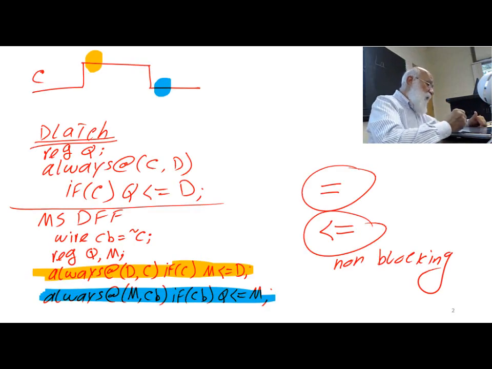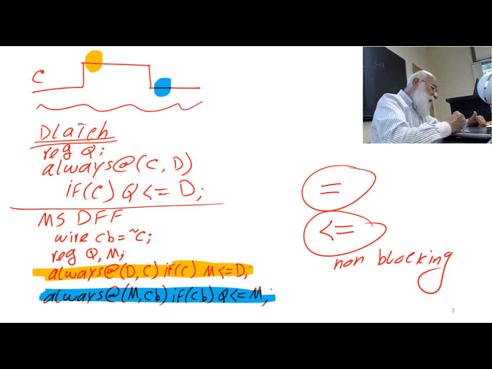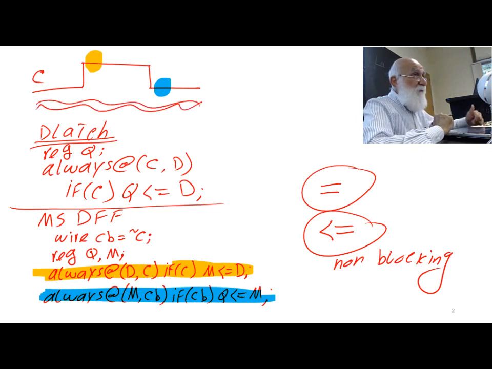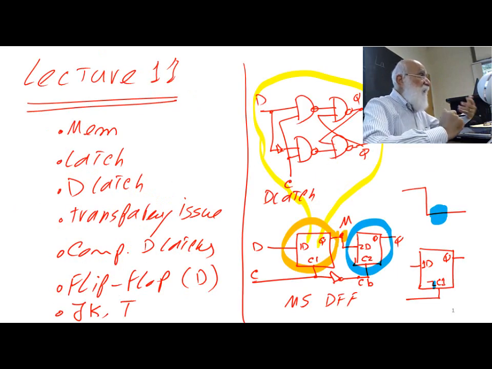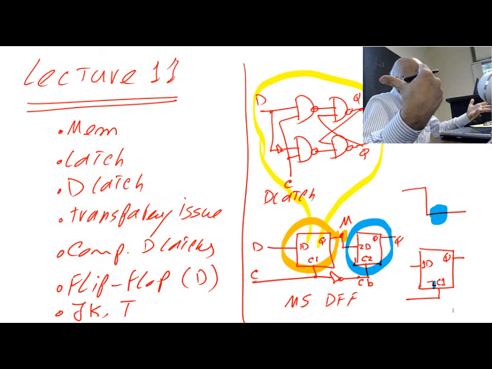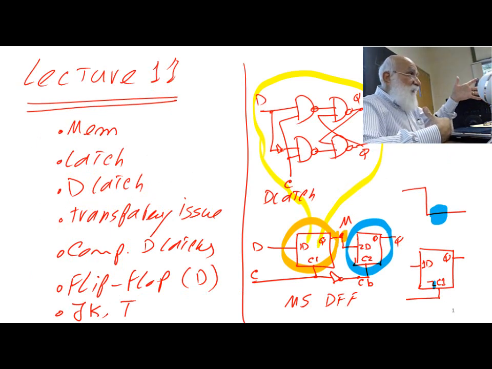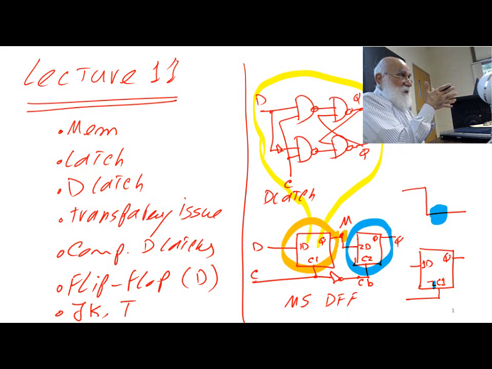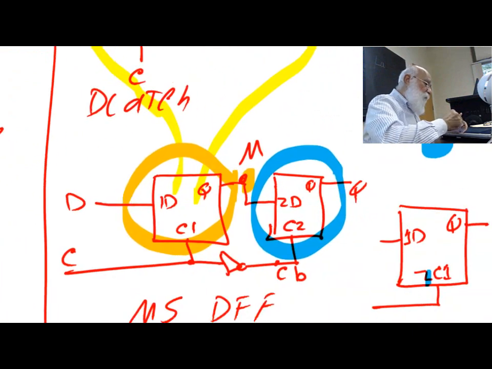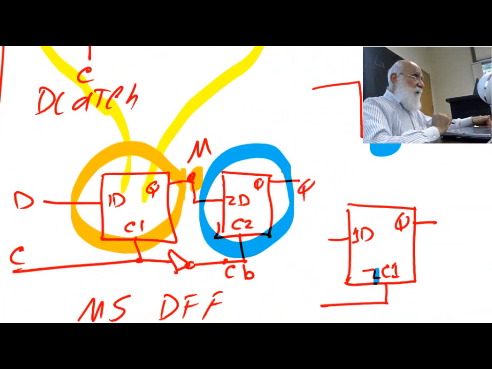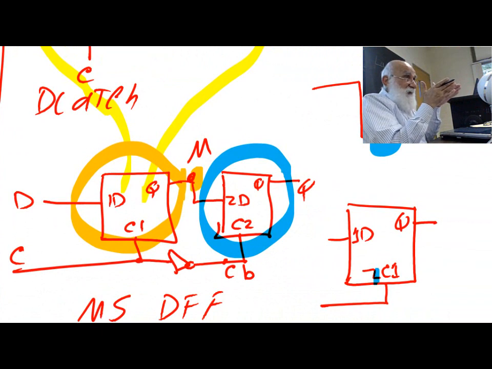Let's go into what I was talking about, and that is the problem with this delay. If you look at the structure I was showing, the problem with the delay is very clear. On the orange side, on the positive side of the clock, D has to propagate through the left latch, which means it does need some propagation delay.